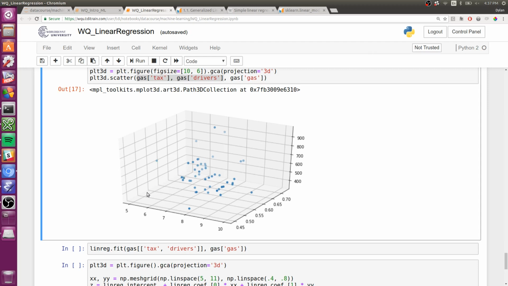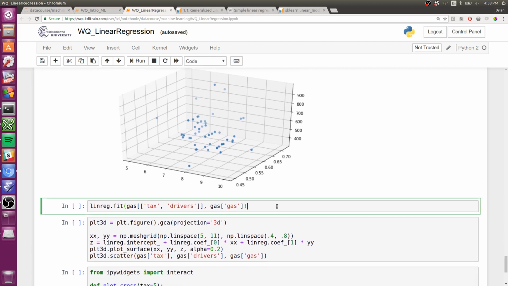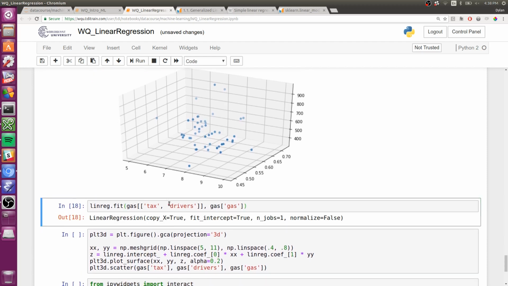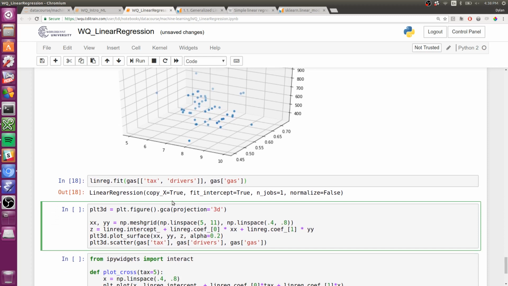And the height of the plane at any given x1, x2 coordinate, so at any point on this grid at the bottom, we would go up to the height of the plane, and that would be our prediction for the gas consumption. So we'll actually perform that fit on tax and drivers, the 2 features we're plotting here, and attempt to visualize that plane.